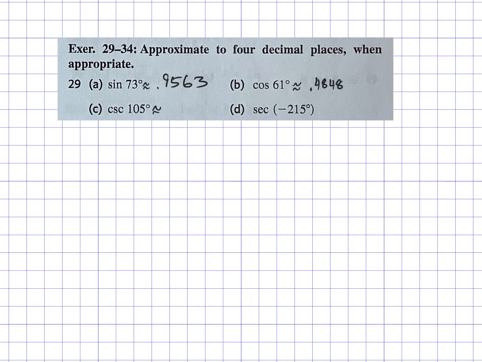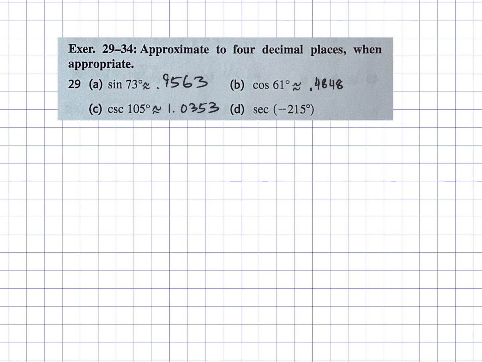And cosecant is the same as 1 over sine. So we'll do the sine of 105 degrees, and then we need to do the reciprocal of that. So 1 divided by the answer is going to give me 1.0353.